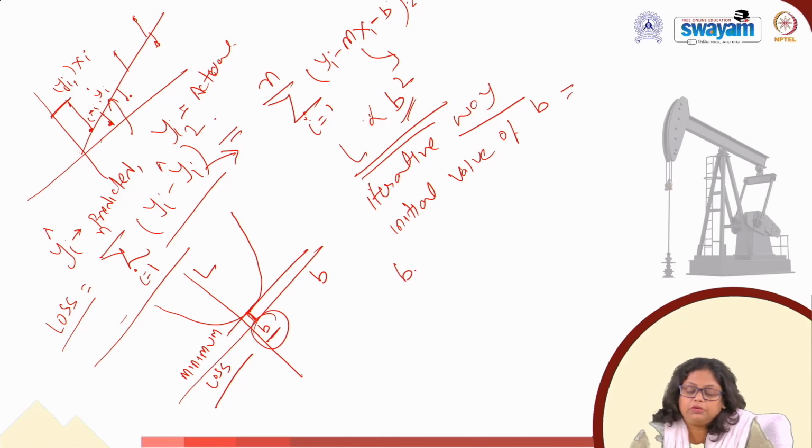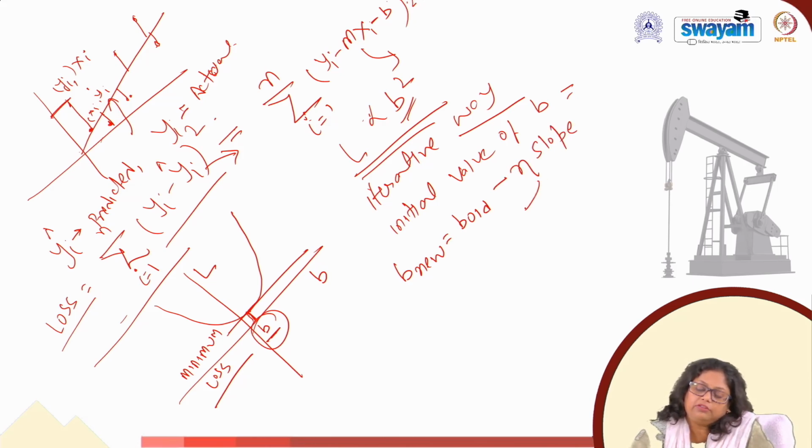So how would it be? b new equals b old minus n times slope. What is this n? It is nothing but the learning parameter, and the slope is nothing but m.